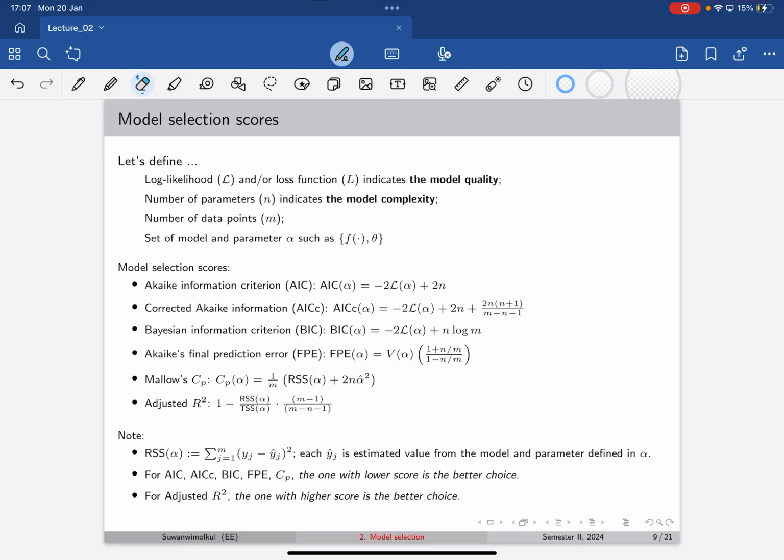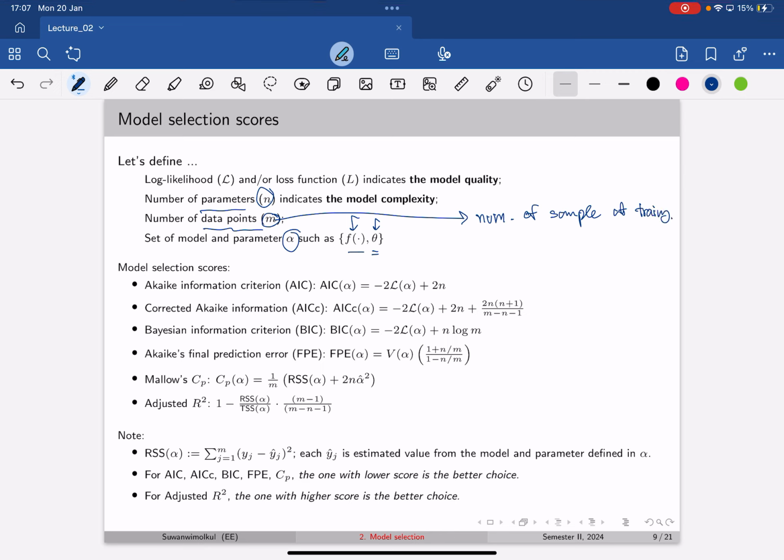And then we also have n to denote the number of parameters, or maybe the number of input features. Usually they are equal. And also we have m data points. And m data points here is like the number of samples in your training as well.